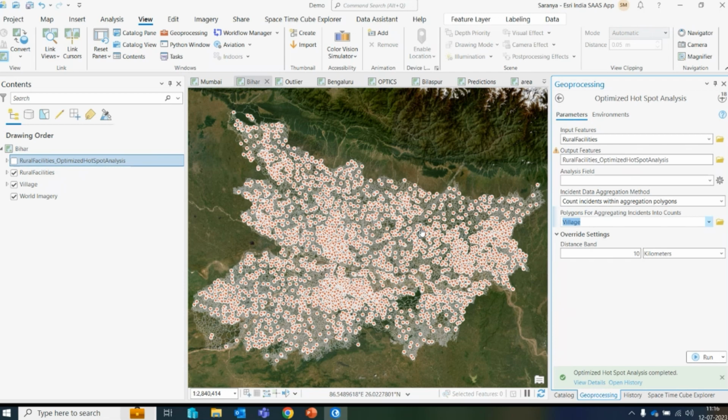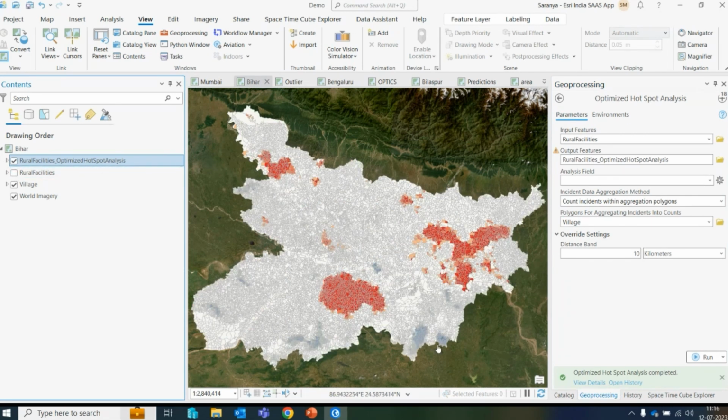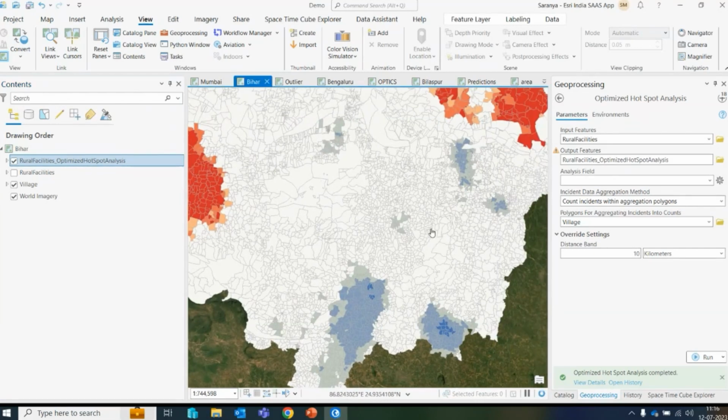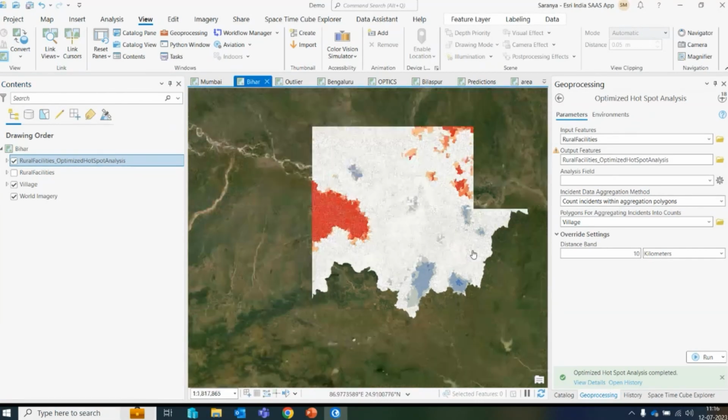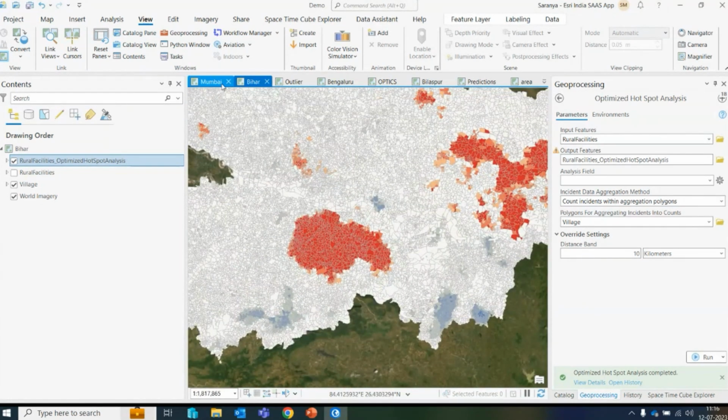Optimized hotspot allows you to do it on the fly. When you run the analysis here, you get output like this. You can quickly find cold spots, areas where the medical facilities are very few. These are the areas that would require immediate attention.